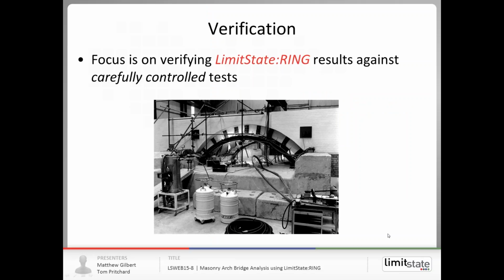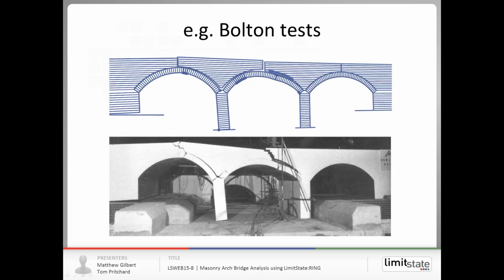The other thing is that as well as developing a formulation which hasn't been used by others, certainly in publicly available software, we're also focused a lot on validating the results. So, for example, the very first version was developed in parallel with a program of tests carried out in Bolton in the UK in the early 1990s, and we tested a variety of single and multi-span bridges.